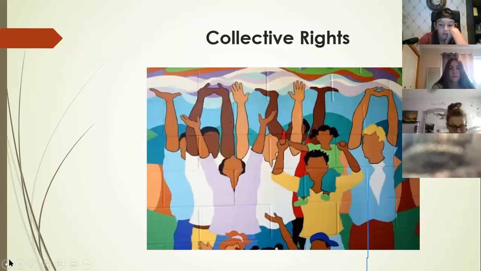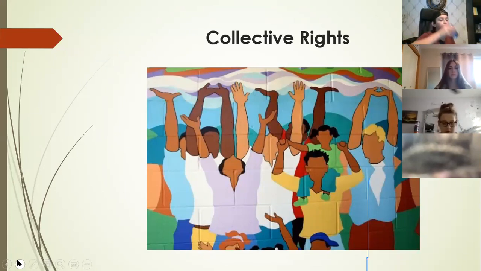In chapter 3, we talked about individual rights, but there's also another set of rights protected by the Constitution, and that's collective rights. Collective rights are rights that groups hold. Your individual rights deal with you specifically, while collective rights deal more so with groups of people.